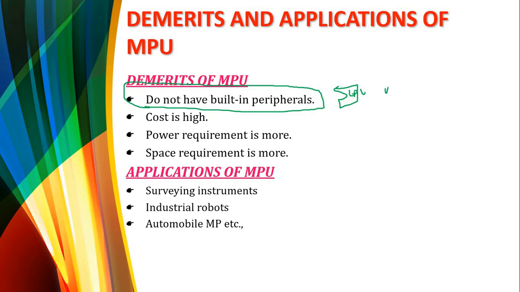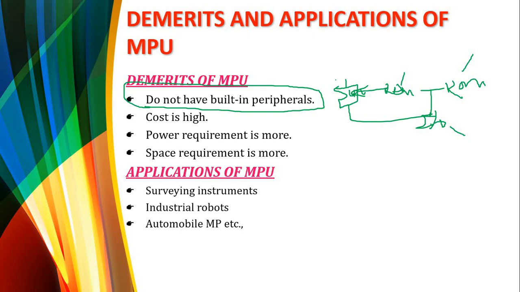All the peripherals like RAM, ROM, IO ports are connected by means of a bus. So each of these will take separate space. All these will take a separate space.